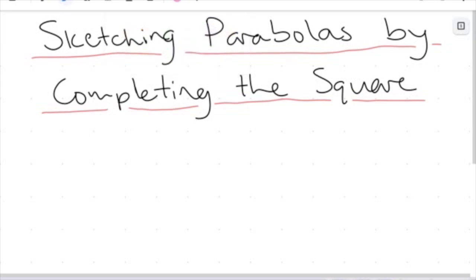So in the previous series from the year 10 content, we talked about completing the square, this process of factorization for our parabolas, and we're going to be applying this now to sketching parabolas in a different way. Now, this is, like I said, a lot of revision from the previous year's content.